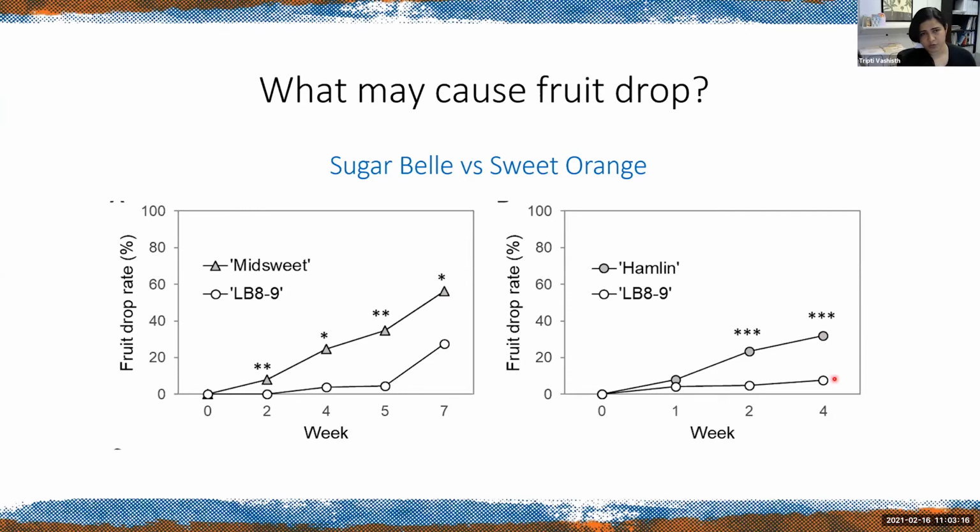So we have data to show that SugarBelle doesn't drop as much fruit. So we wanted to compare it to sweet orange, Hamlin, and see what the key differences are between SugarBelle and sweet orange that cause SugarBelle not to drop fruit, but Hamlin does.